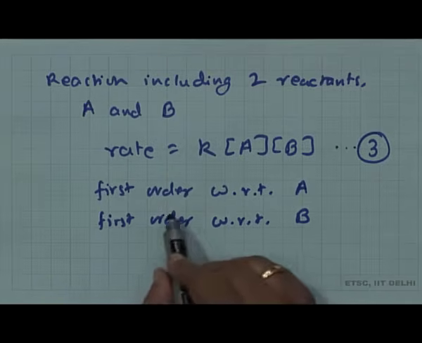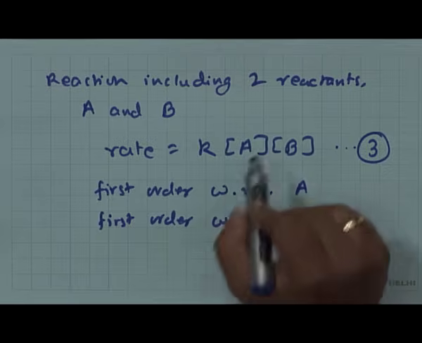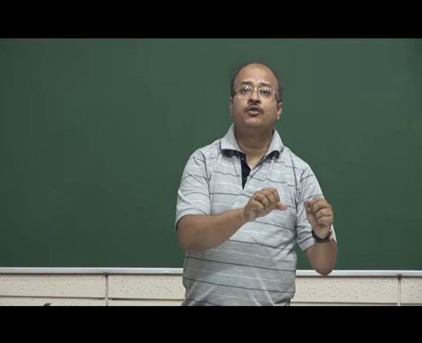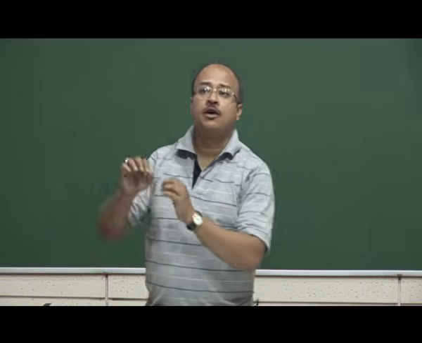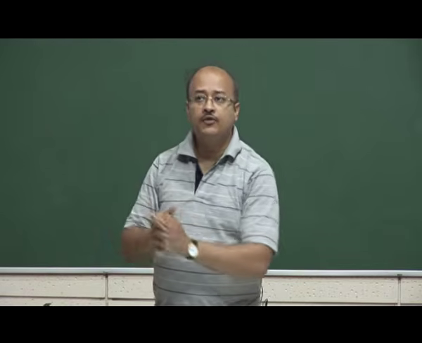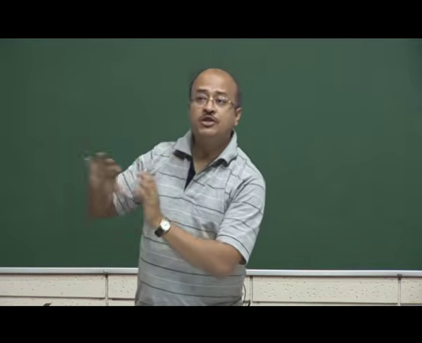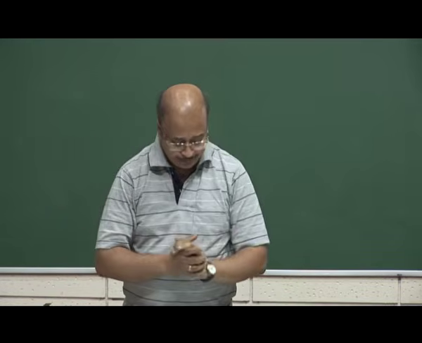Hence, I say that it is first order with respect to A and the rate is first order with respect to B. So, if you take A, then how will the rate vary? It will vary as being first order with respect to A. If you take B, then how will the rate vary? The rate will vary as first order with respect to the concentration of B.